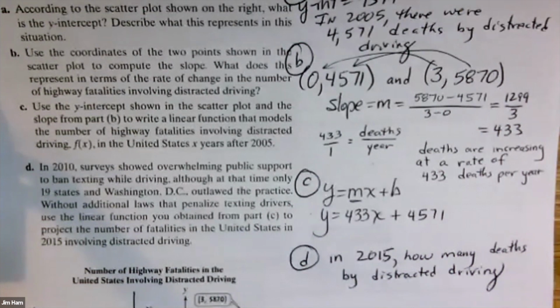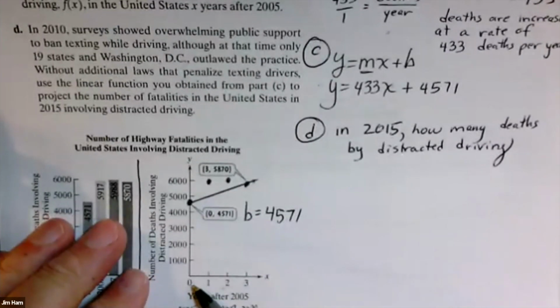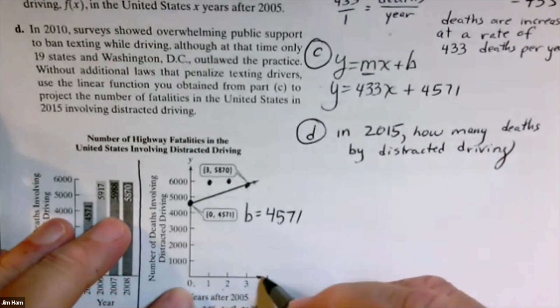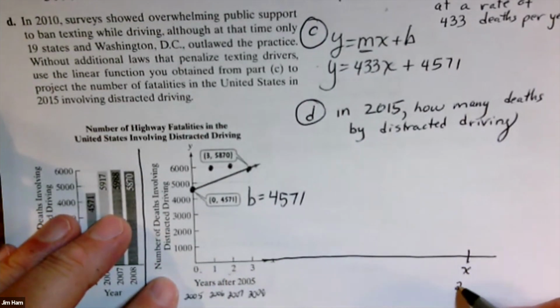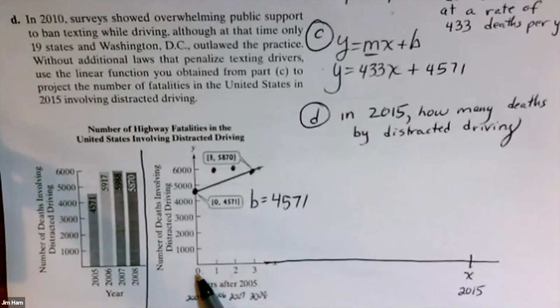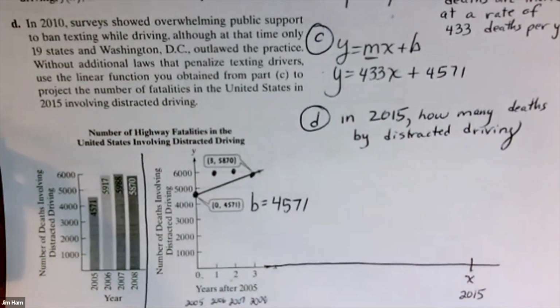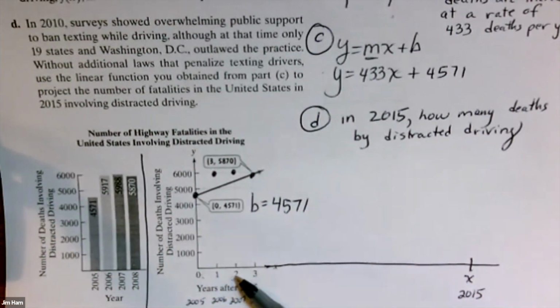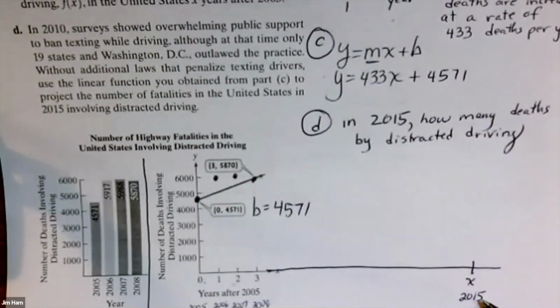Notice our data here goes only from 2005 to 2008. If we wanted 2015, we'd have to go way over here somewhere. What would be the value of x that would correspond to 2015? If 0 corresponds to 2005 and 1 corresponds to 2006 and 2 corresponds to 2007, then what would correspond to 2015?